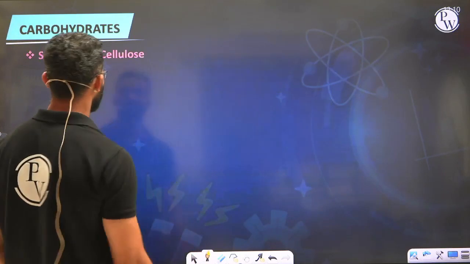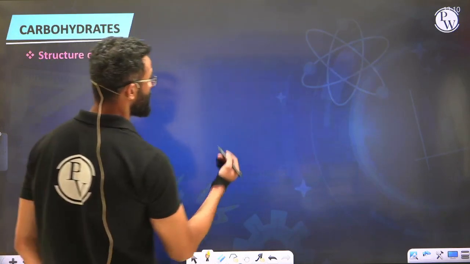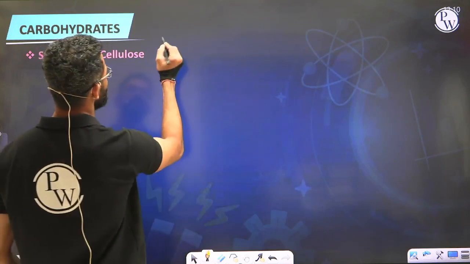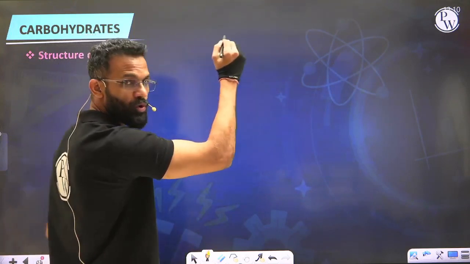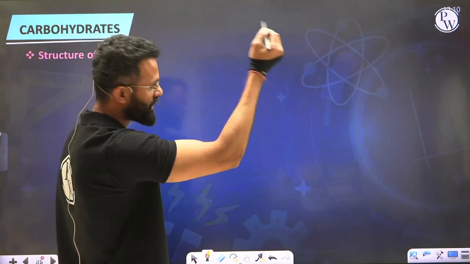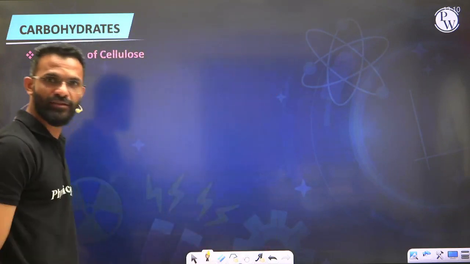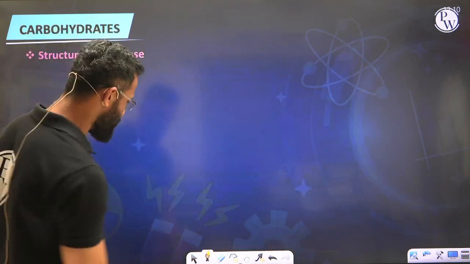To get the structure of cellulose, again we need to first write down the simple information. Cellulose was beta D-glucopyranose plus beta D-glucopyranose through C1 and C4. So look here.